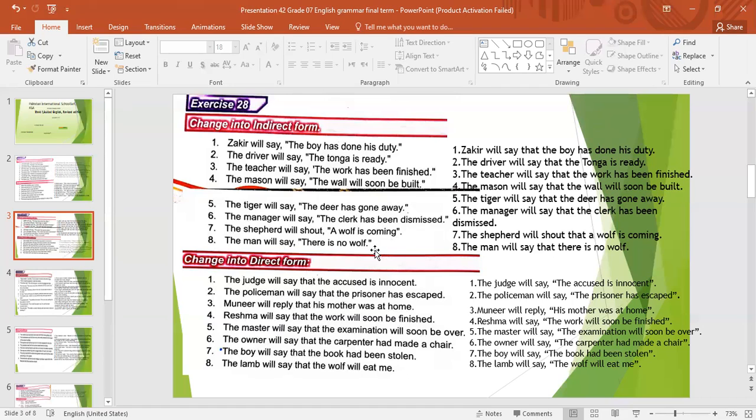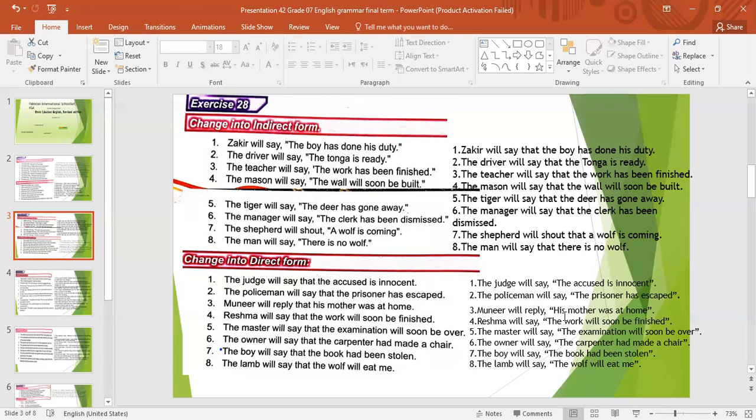In another exercise it is given to change into direct speech. Here some sentences are given and we are asked to change them from indirect to direct. These are indirect sentences and we will change them into direct speech.